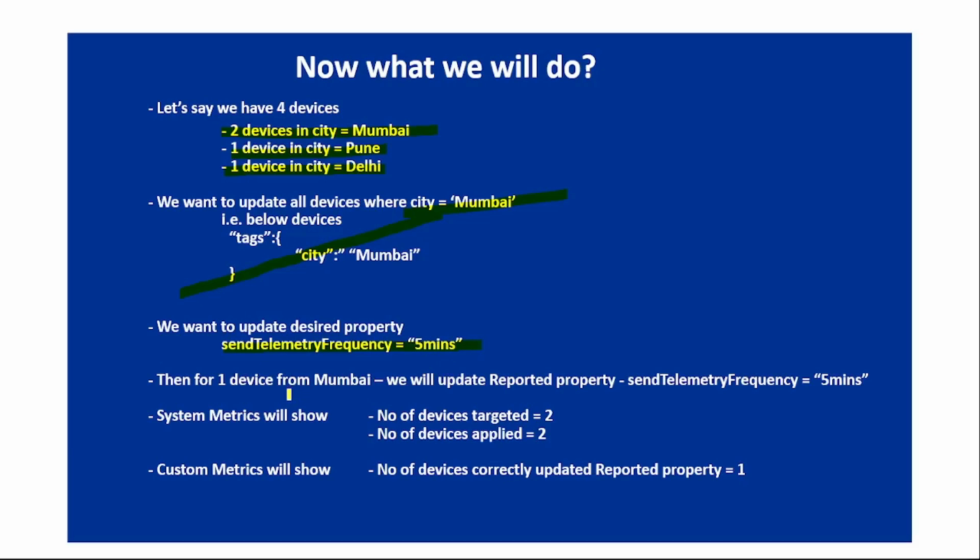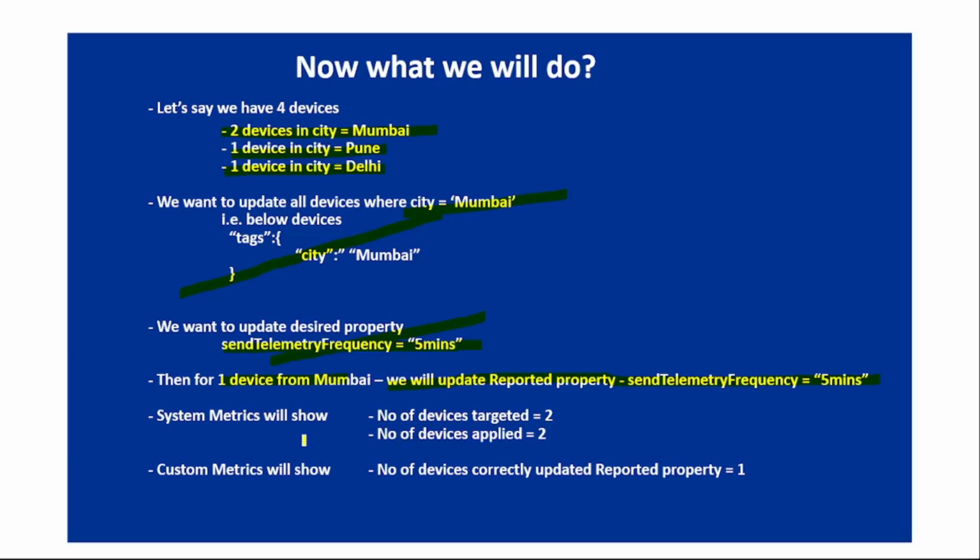But in addition, for one device from Mumbai, we will update the reported property telemetry frequency to 5 minutes. So we have 2 devices for which telemetry frequency equal to 5 minutes will be updated in desired properties, but only one device will update itself and report telemetry frequency equal to 5 minutes under reported properties.